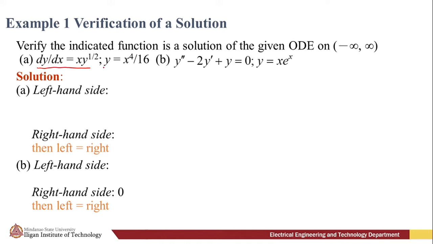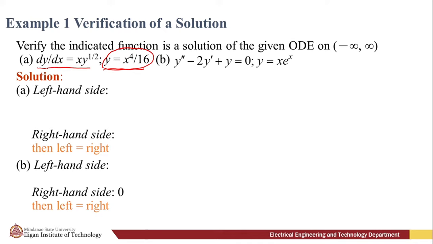And the function that we need to verify if it is a solution is y equals x to the 4 over 16. So we need to check if the left hand side and the right hand side equate if we substitute this function back to our differential equation.